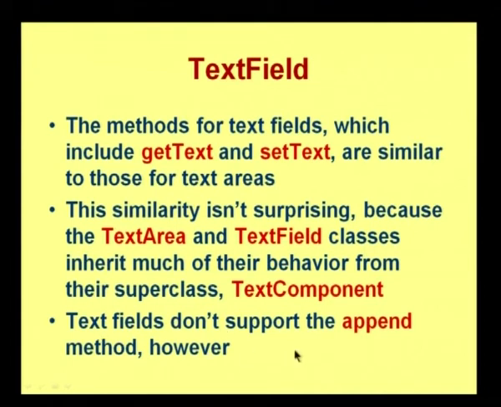The only difference is that text field does not support the append method, whereas text area supports append. We have seen in the component hierarchy that both are inherited from text component, so they have more similarities and more methods in common.